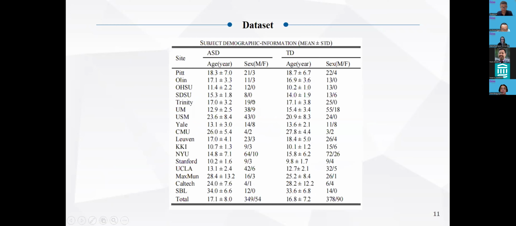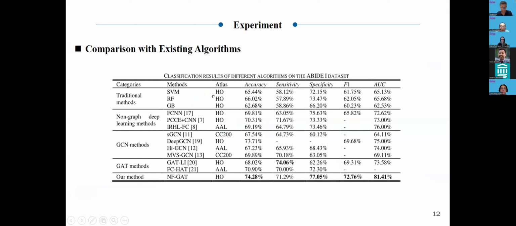This is the detailed information about the public dataset we tested, whose name is ABIDE. We compared our model with several other advanced ASD classification models and verified the effectiveness of the model.